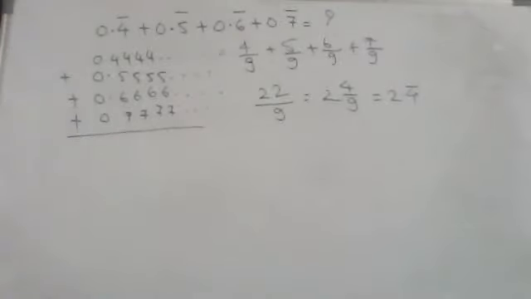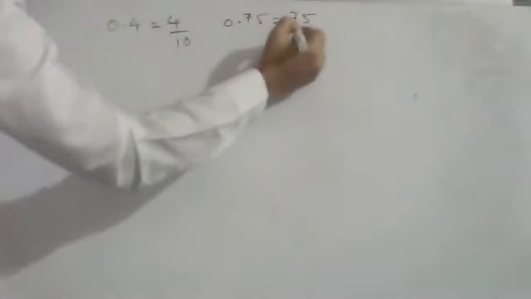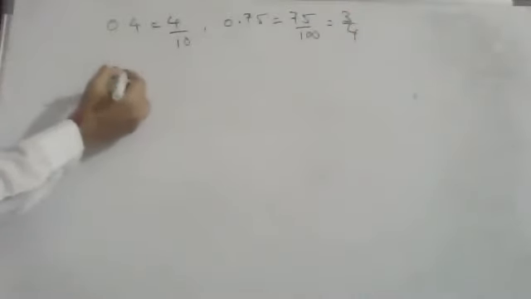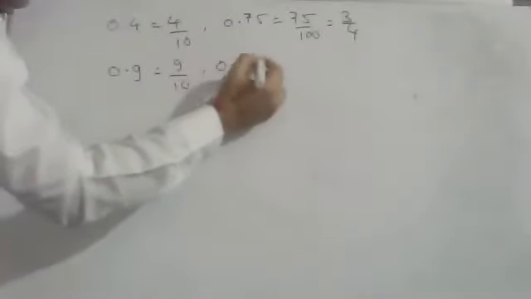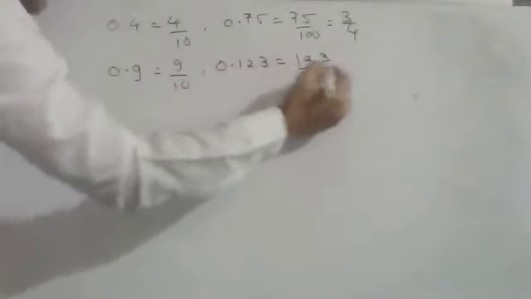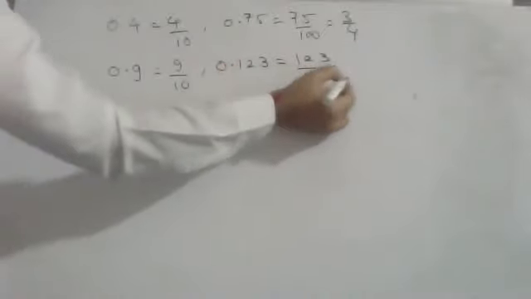I will repeat this question again, but before that we'll see 0.4 is 4 upon 10. 0.75 is 75 upon 100, that is 3 by 4. 0.9 is 9 upon 10. 0.123 is 123 upon 1000. 1, 2, 3, so you are writing 3 zeros.